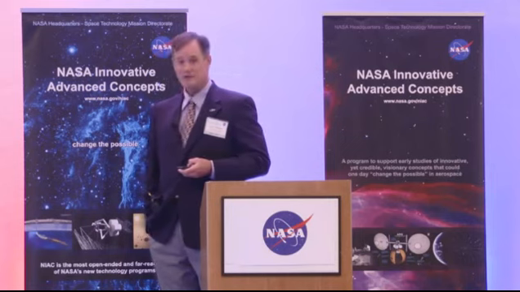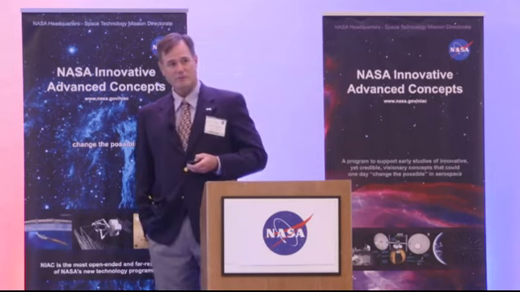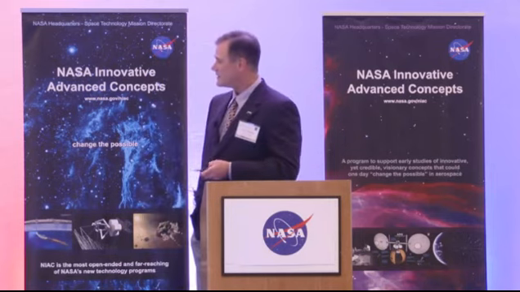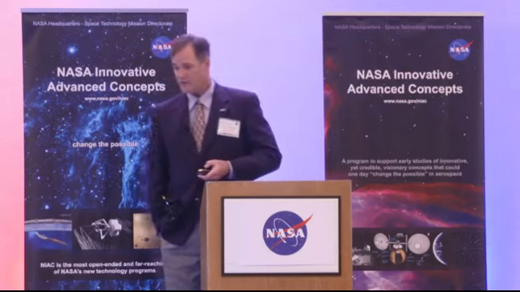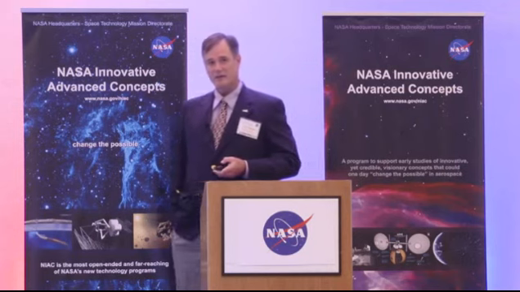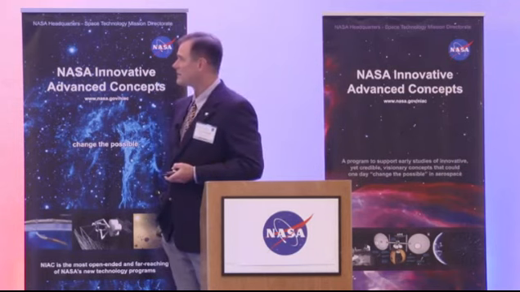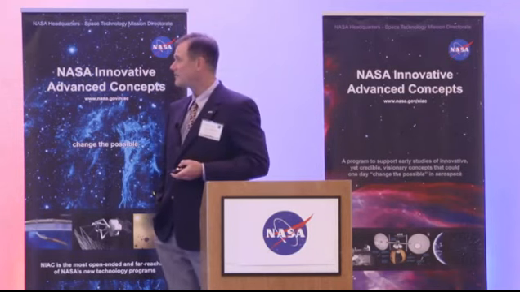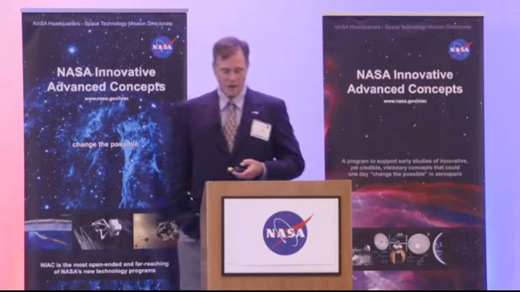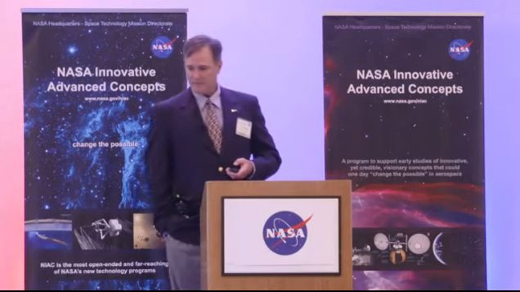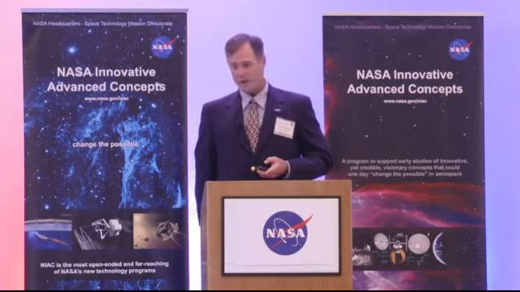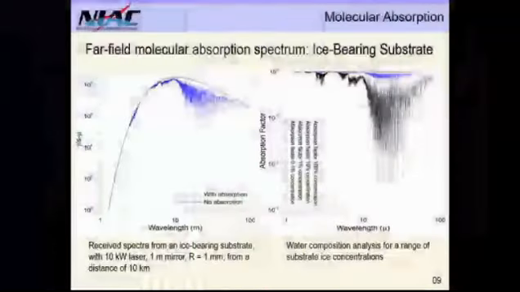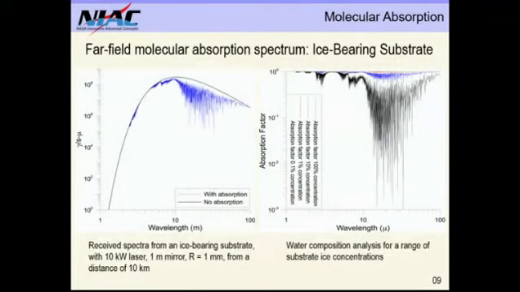But if you're interested in those details, there's a little more information on the poster, but the publication that's there will walk you through step by step what we're doing. And this is the end result of that modeling, right, for an ice-bearing substrate. And so we use the model to predict what kind of absorption there's going to be across infrared wavelengths at about 2,500 kelvins, right?